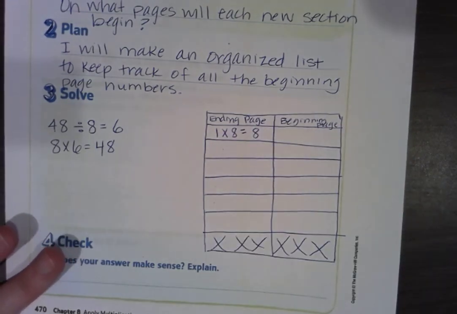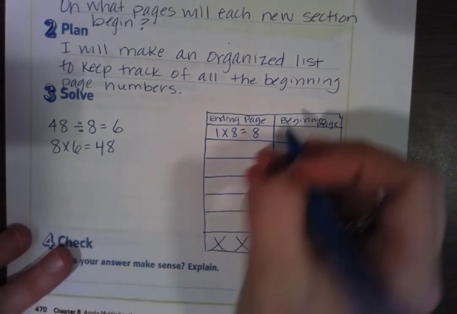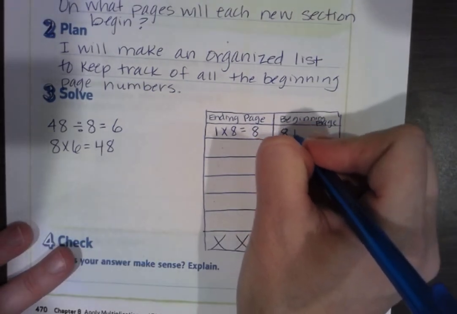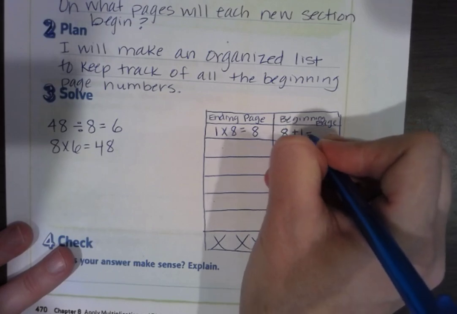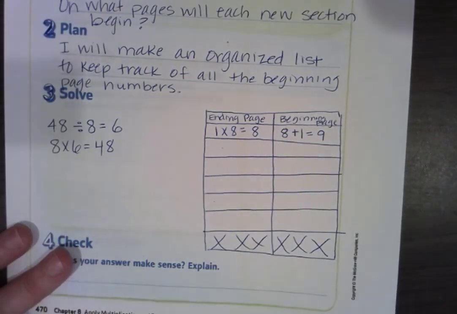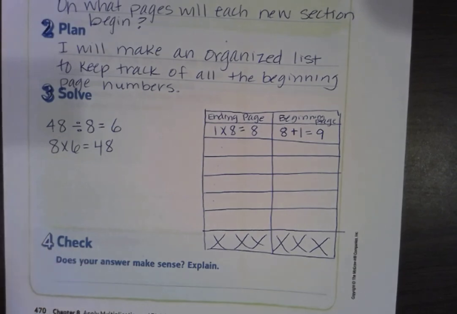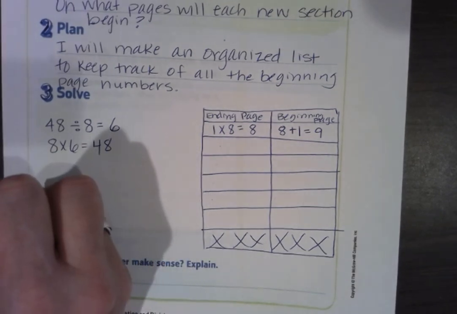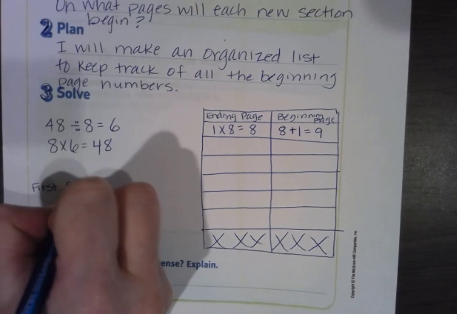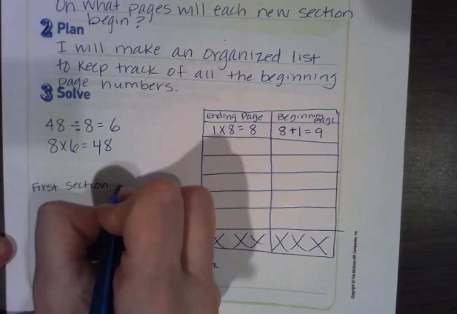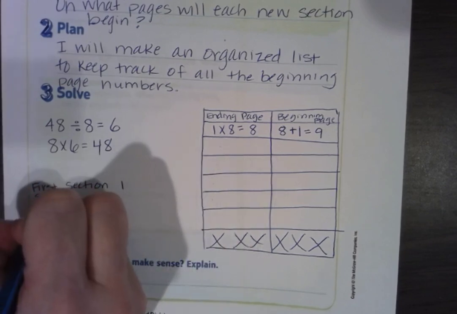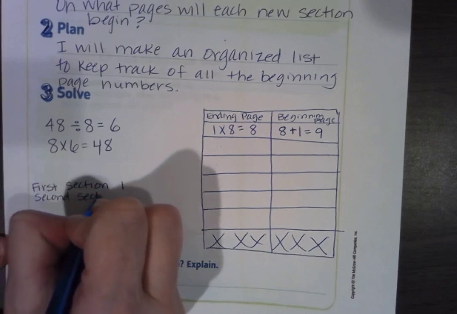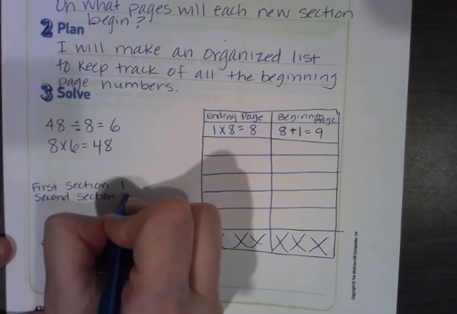But it doesn't tell us what page the next section starts on. Well, I know it ends on 8, and I have to add 1 more page to it. So the beginning page to the second section is what? Is 9. Okay, so let's put this, the first section is page 1. Second section, we decided, begins on page 9.